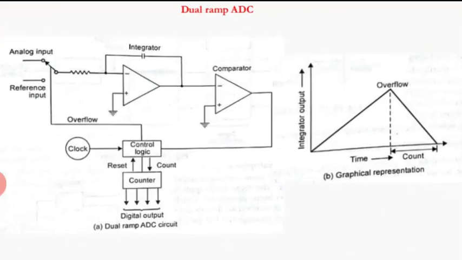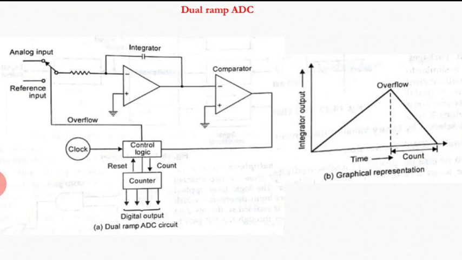The fixed voltage is integrated for a fixed sample time. The integrated value is then discharged at a fixed rate, and the time to do this is measured by a counter.